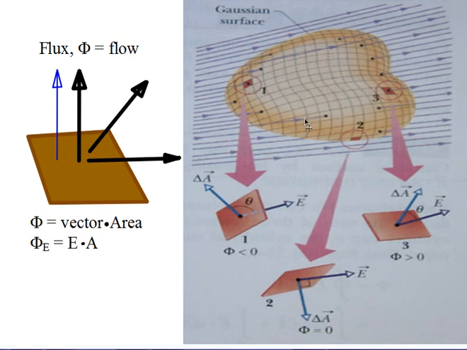On the surface, they have cut this up into little patches of area, and you can see that perhaps the artist's attempt at geometry is not real good, but these blue vectors are all the area vectors. They go normal to the surface and they go out.